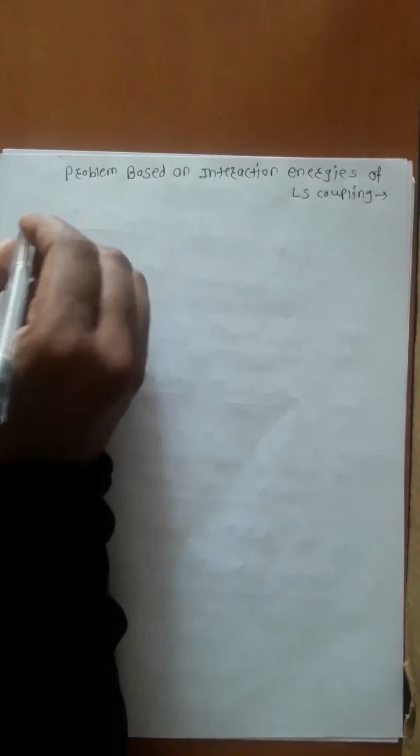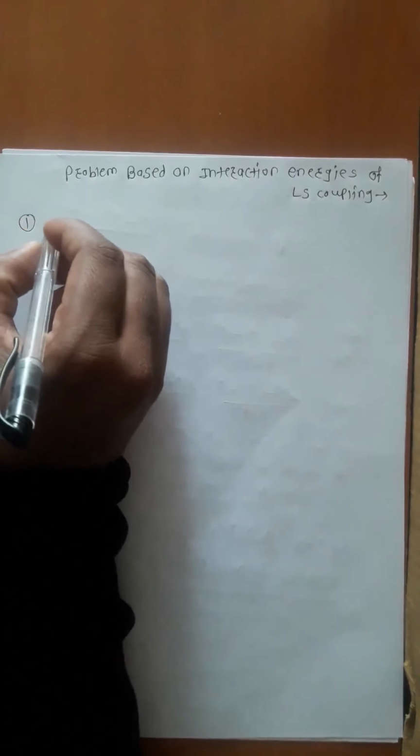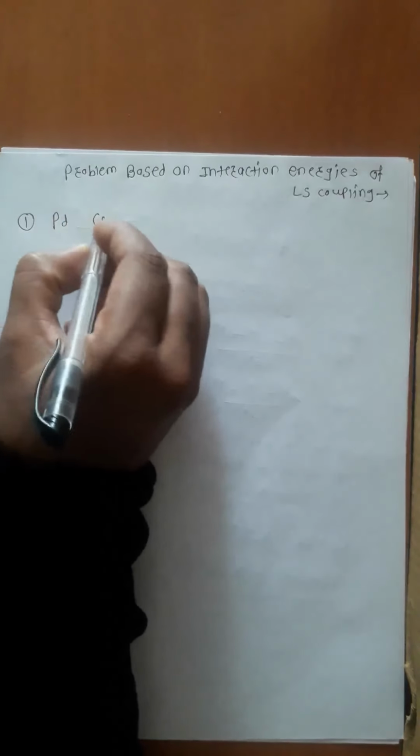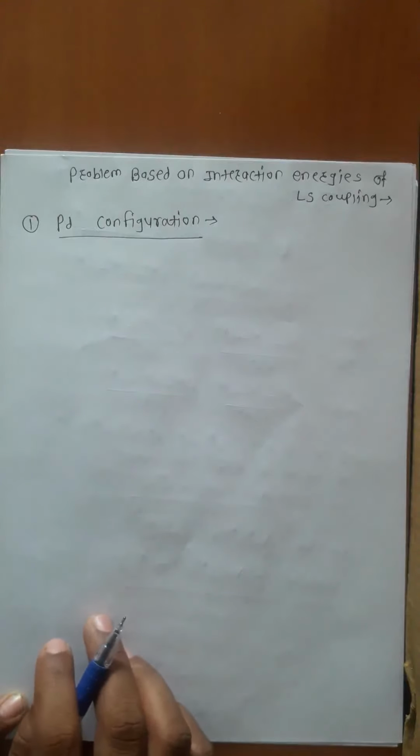Okay, I will write the first problem here. We are given a pd configuration. For the pd configuration, we have to calculate the values of tau 1, tau 2 and tau 3 plus tau 4.